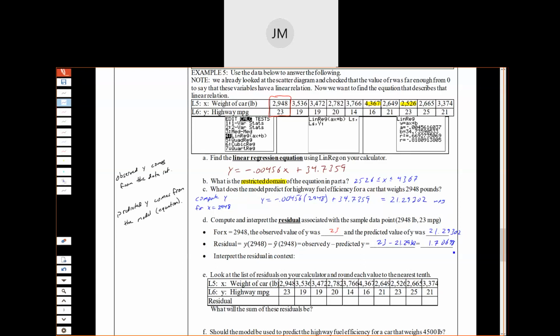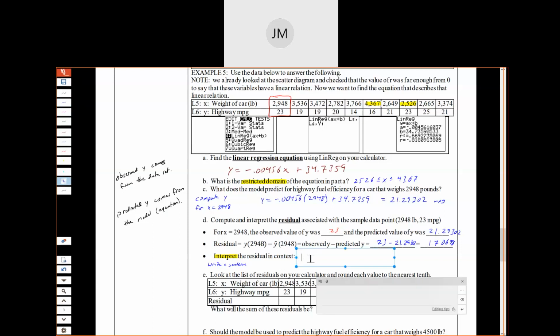And what I want to do is interpret that in context. So I want to write a sentence. When you see the word interpret, that means write a sentence. So let's interpret this in context. Our observed y, somebody's particular car, got 23 miles to the gallon, which was 1.7 miles to the gallon more than we predicted.